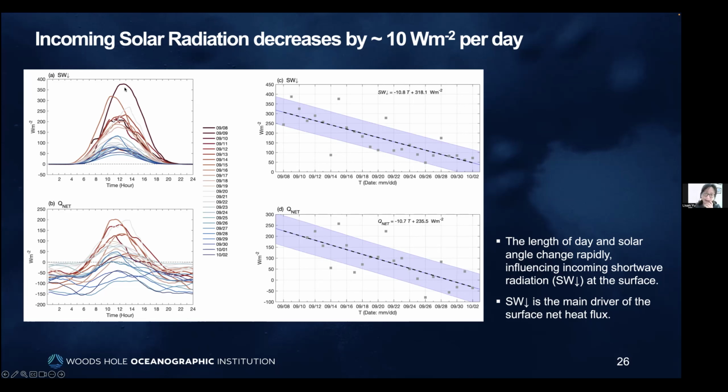From the beginning, the peak is about 375 watts per meter squared, down to around 25 watts per meter squared by the end of the cruise.